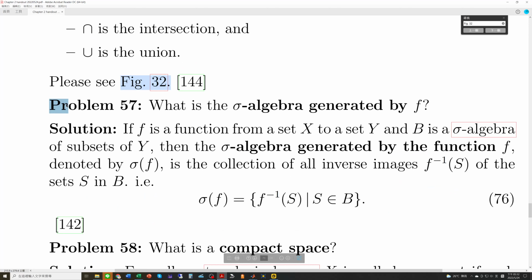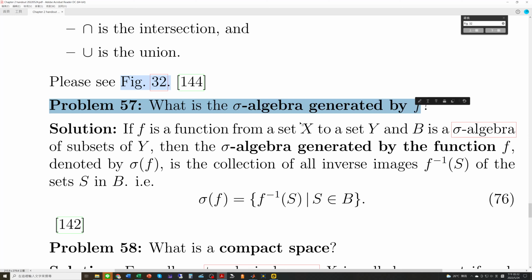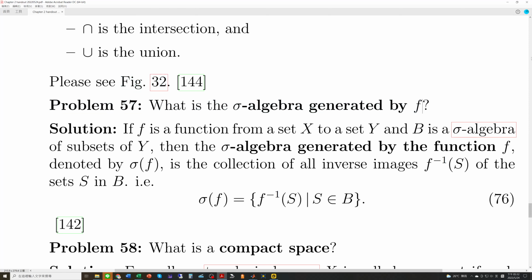Next, problem 57. What is the sigma algebra generated by F? Why do we need to know what the sigma algebra generated by F is?